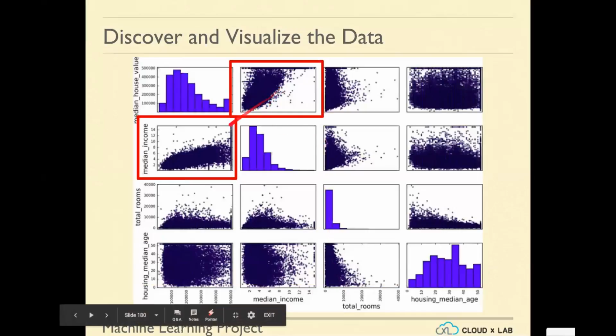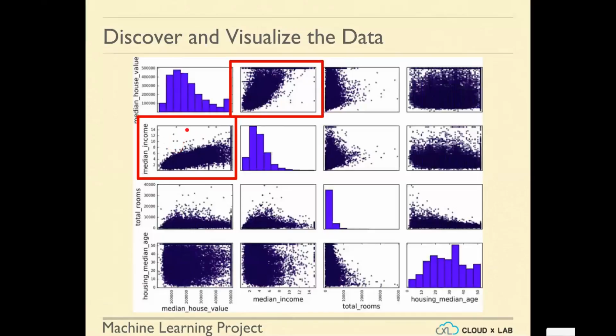So these two charts are the same thing, because here we are plotting on the x-axis the median income, on the y-axis the median house value, and here on the x-axis the median house value, on the y-axis the median income. These two are the same thing, just the axes have been changed. So you can see that the house value increases with the median income.